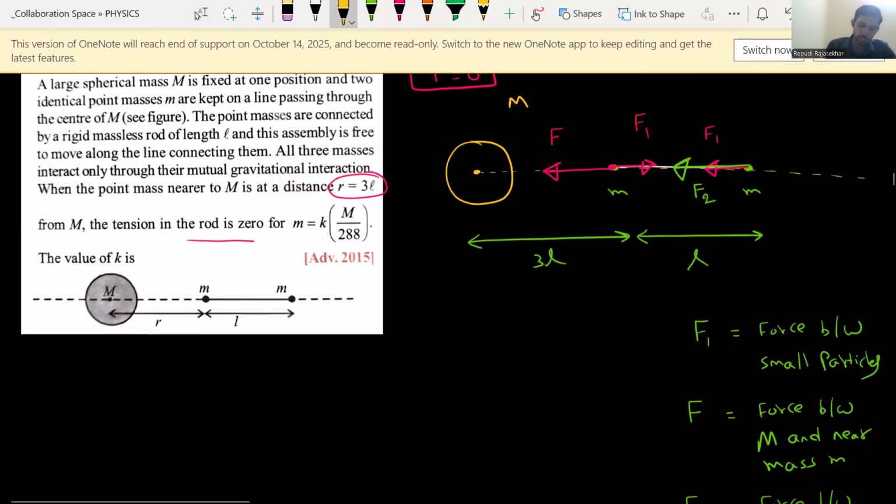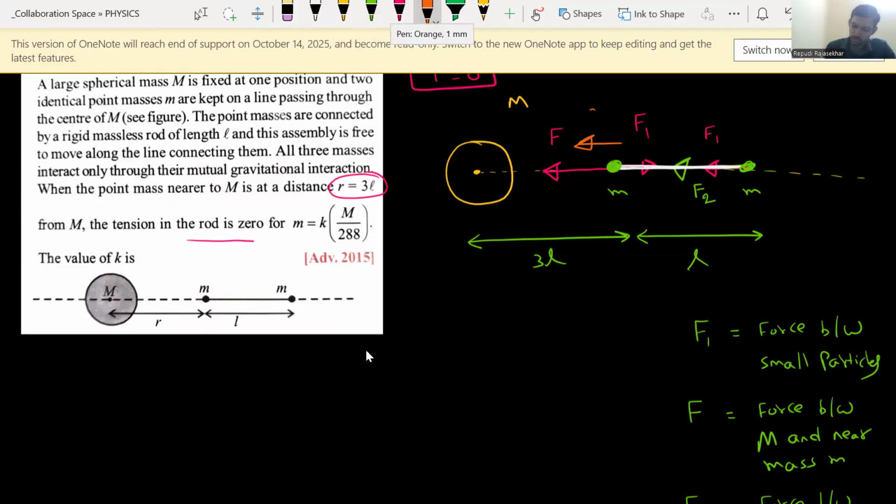Now, as per the condition, there should not be any tension in the rod, because these two small particles are connected with the help of a massless rod. So the tension value should be 0, which means these two small particles should move with constant acceleration.